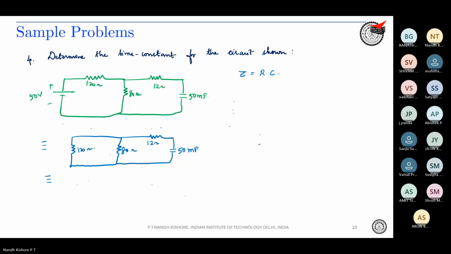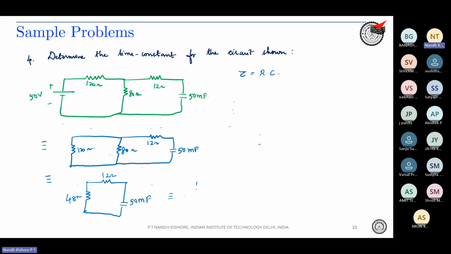Correct? To find out the equivalent resistance. So what is 120 parallel 80? 48. Correct. So this is 48 ohm. We have 12 ohm. We have 50 millifarad.